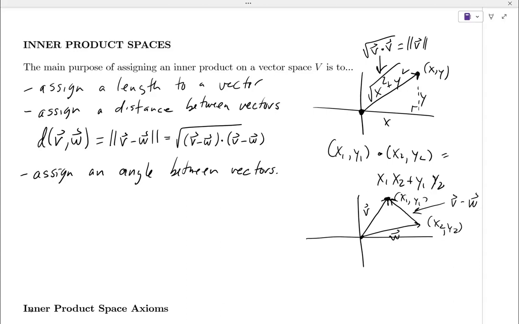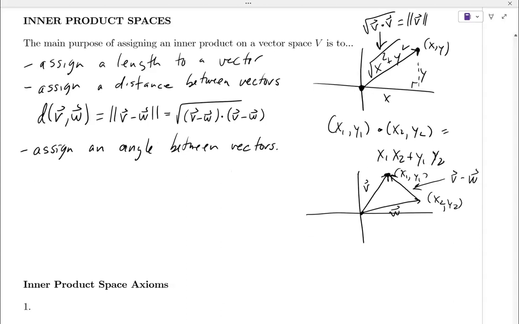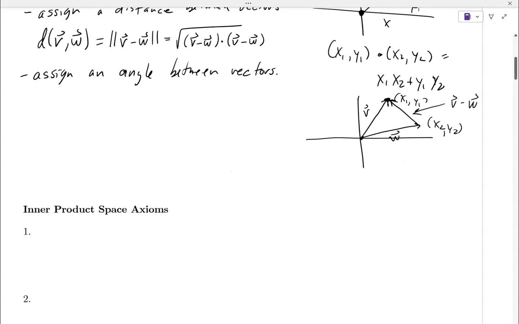All right. So what do we mean by inner product, and what kind of things does it need to satisfy? Before I get into the axioms, we need to actually define what we mean by an inner product. It's this function that's going to take two vectors and spit out a number. That's the idea behind inner product. So as a lead into our list of axioms, we're going to let V be a vector space.